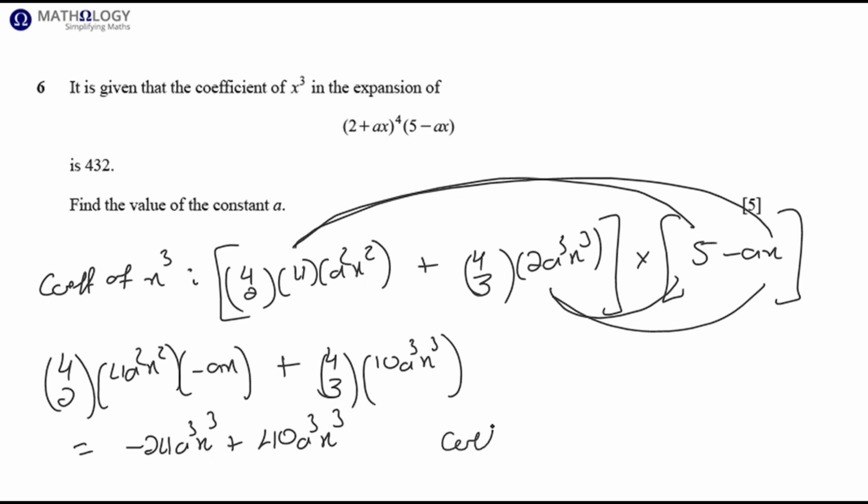So the coefficient of x cubed in this expression is minus 24a cubed plus 40a cubed, which is 16a cubed.